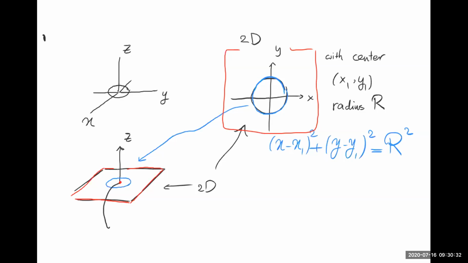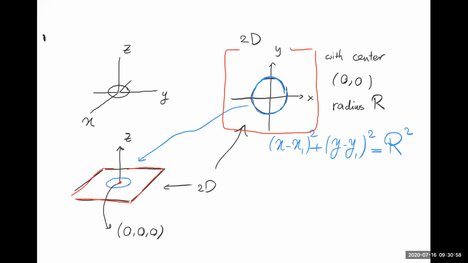If the center of the circle on the right-hand side is 0 and 0, the center of this circle there is also 0, 0 and 0. Now it's three-dimensional space, so we need three components.